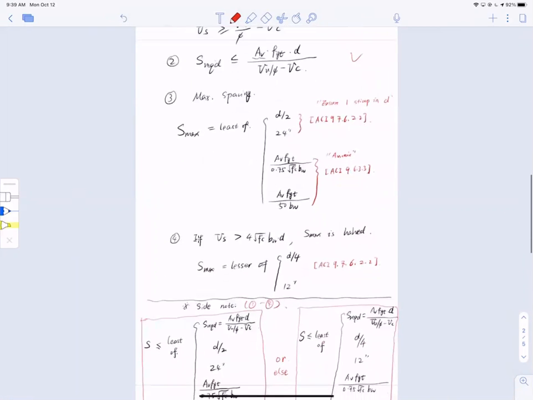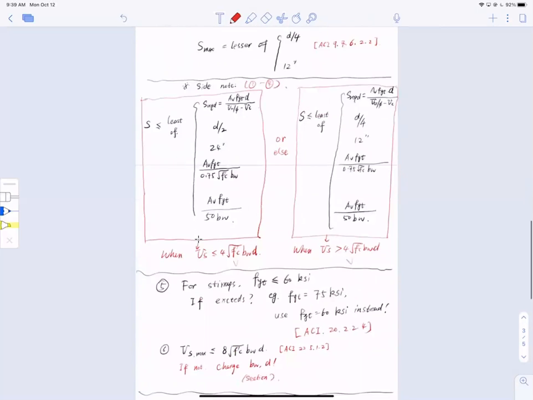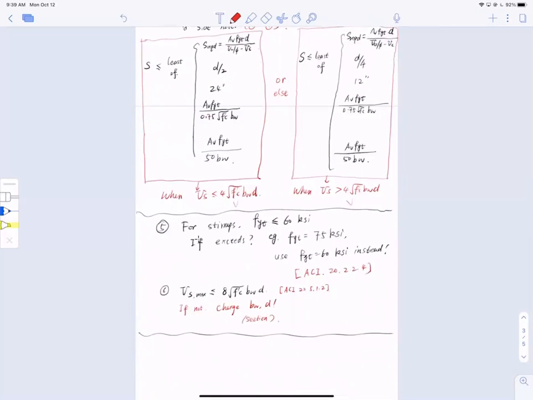If Vs is smaller or bigger than 4 times square root f'c bw d, you have a different list of spacing requirements. If good, move forward. Make sure the stirrups' fyt is at most 60 ksi. If it exceeds that value, use 60 ksi capped, and at the end, check whether the section is big enough or not.